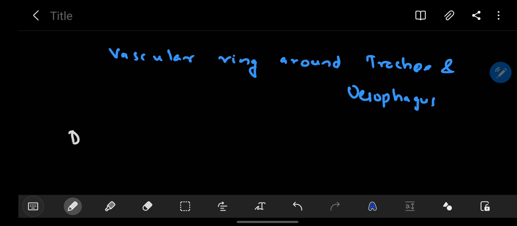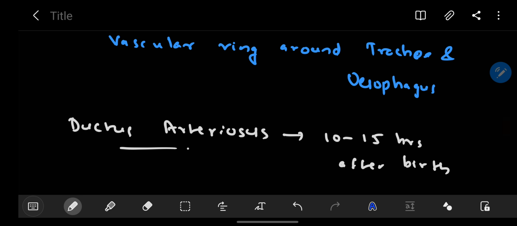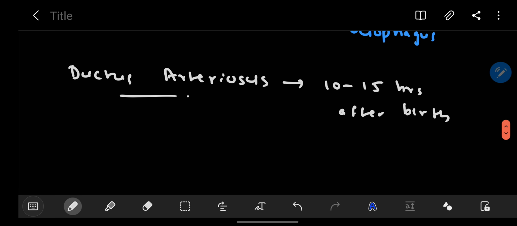Normally, the ductus arteriosus closes 10 to 15 hours after birth. If this ductus arteriosus is persistent, it will lead to patent ductus arteriosus.